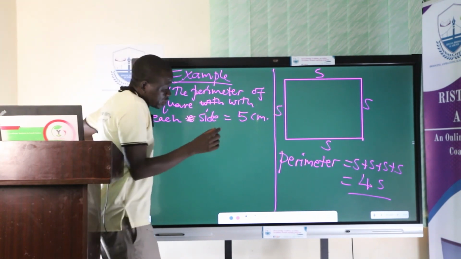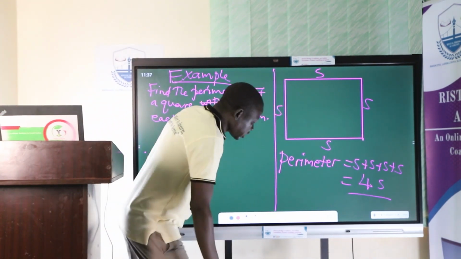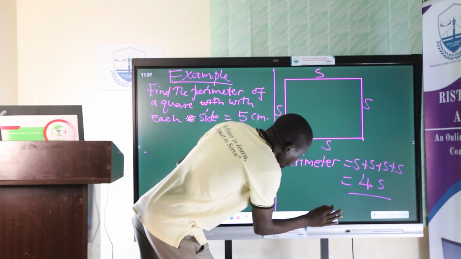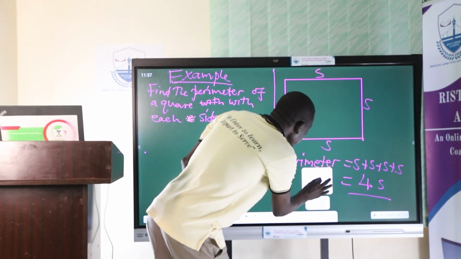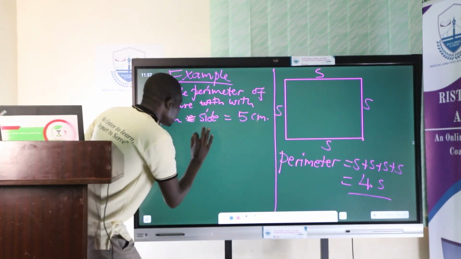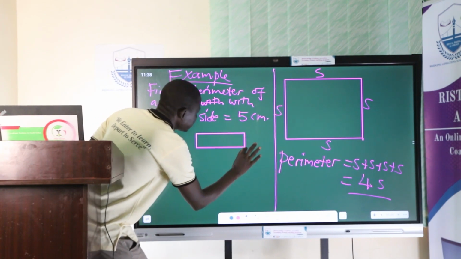So you can see that we can first of all start by drawing a square. Our square is in this form.